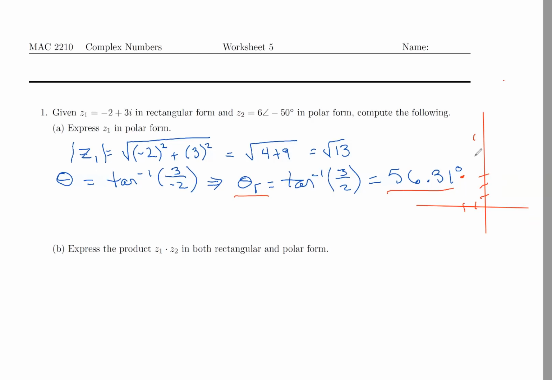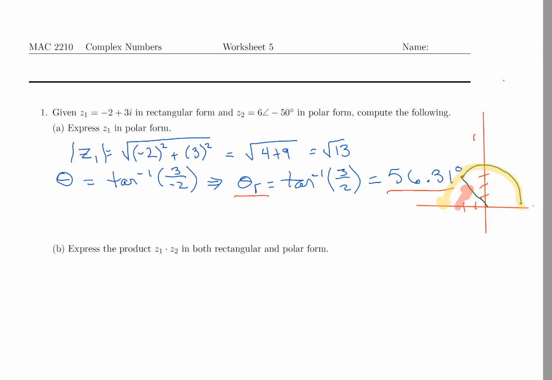If I start at 0 and go to here, what is my angle? For the reference angle, I'm going all the way to 180, and then backing up to that point.